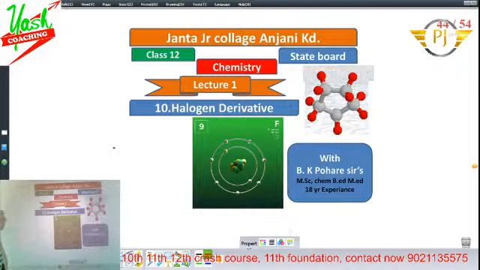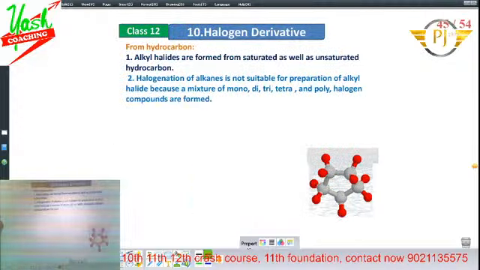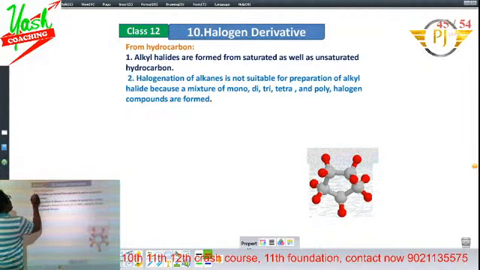So now see here. In this case, we are going to prepare alkyl halides from hydrocarbons.